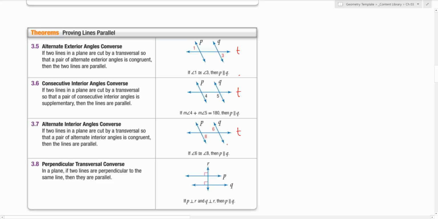Okay, guys, hopefully you're seeing a theme here. We're trying to prove that lines are parallel based on angle relationships, okay?